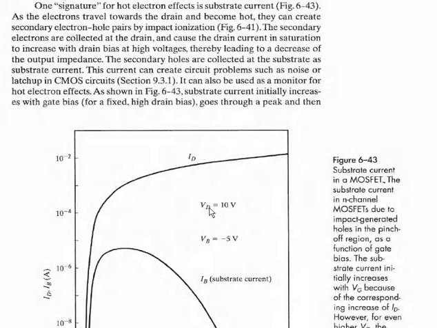That causes the threshold voltage requirement to increase, as well as the input impedance. Similarly, these highly energetic electrons produce secondary electron-hole pairs by impact ionization. The electrons may contribute more ID current, and the holes may contribute substrate current. So this is called the hot electron effect.